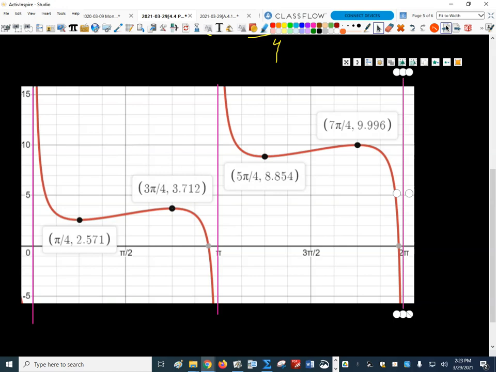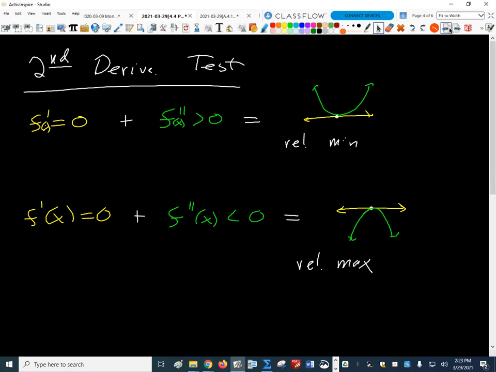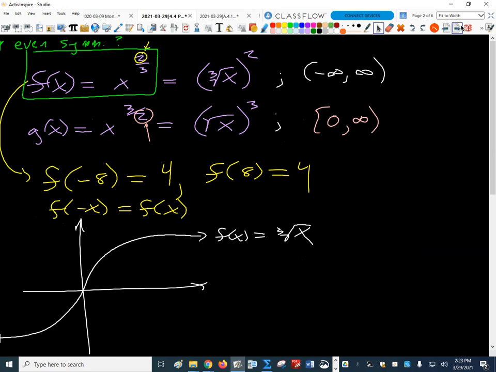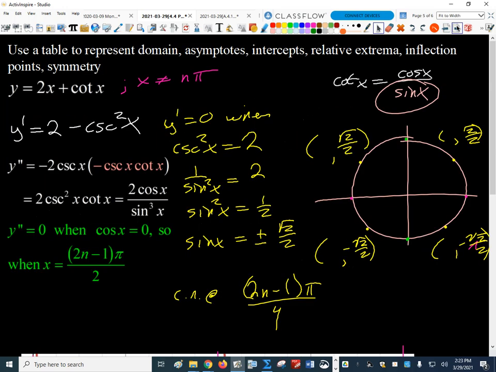It would have made it a little bit easier if I had said in the original problem, and I'm going to add this right now, the restriction to between 0 and 2 pi.